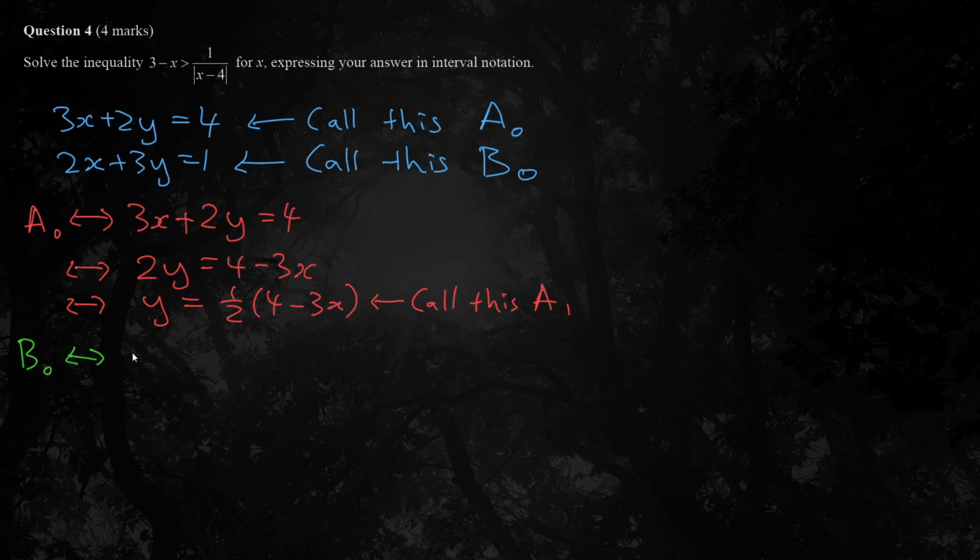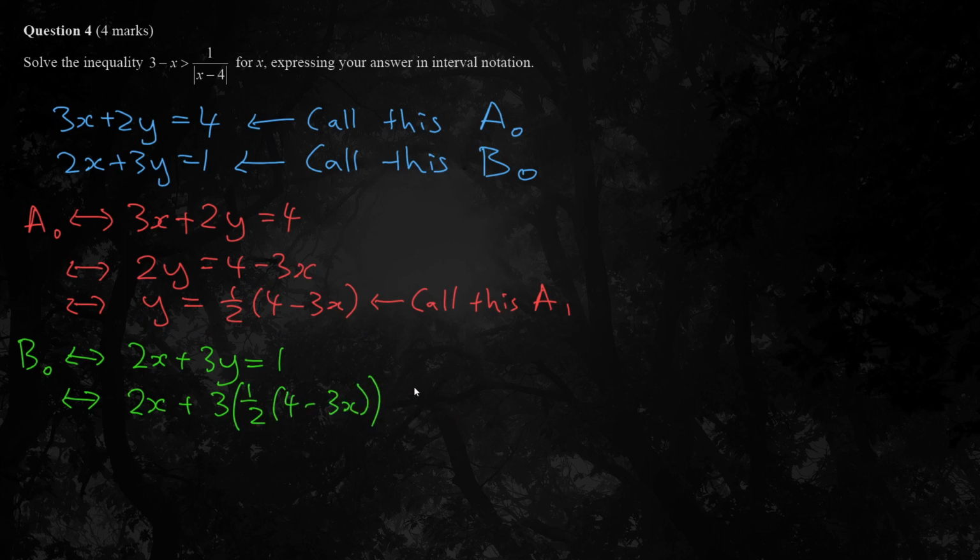Now I'll start manipulating B0. B0 is equivalent to, well, I'll just write out the condition again. Once again, you can skip this step in your own workings, but just so you know what's going on, I'll make that very clear. Now I'm going to replace y with this value here. So 3 times a half of 4 minus 3x.